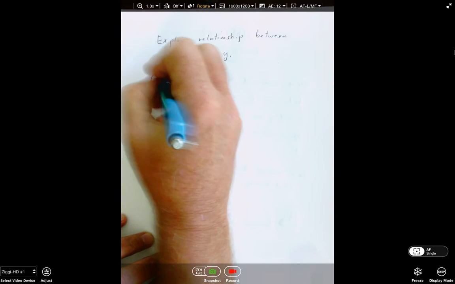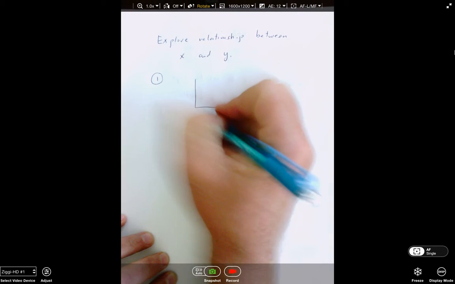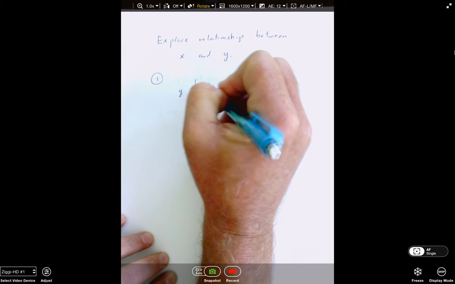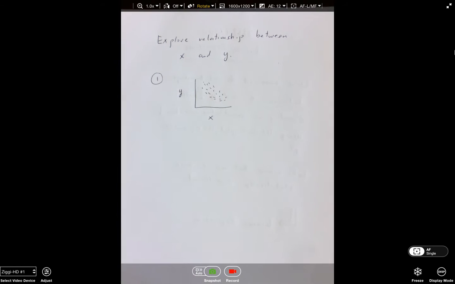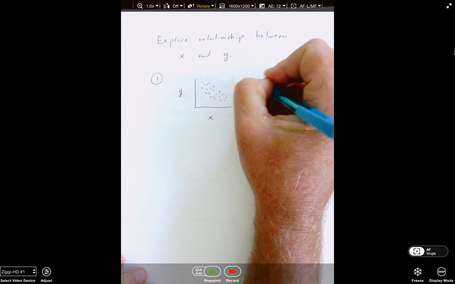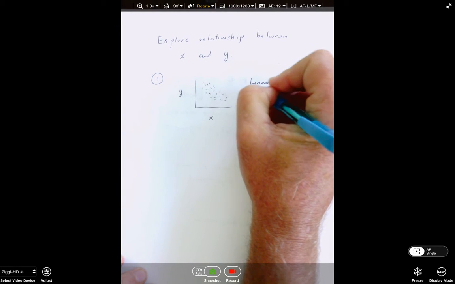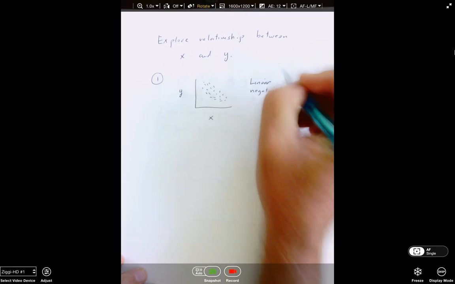First thing we want to do is we look at a picture. And we look at the scatter plot, and we determine that this thing is linear. It's negative, and it's strong.